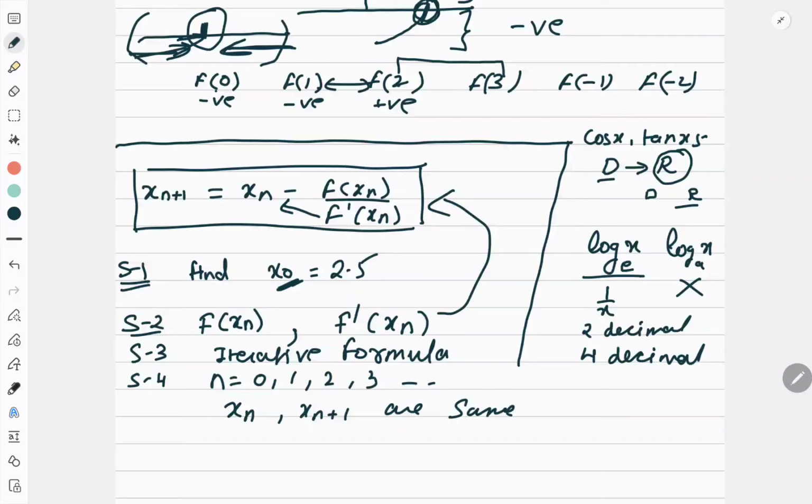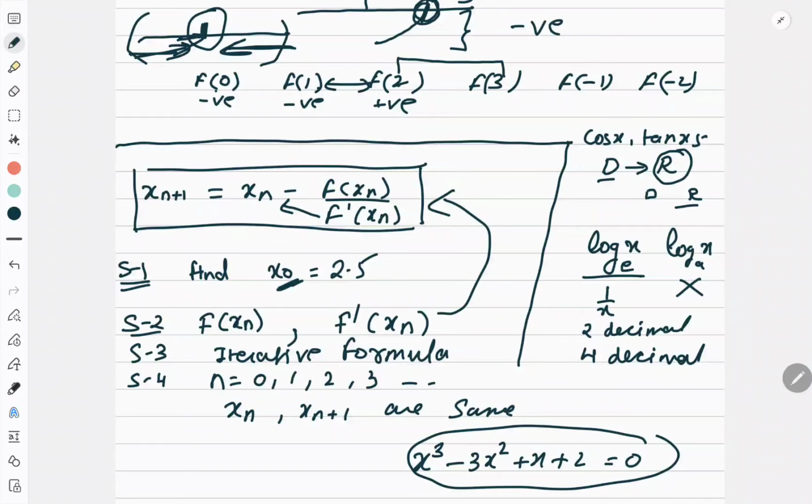Now, smart ways. What are the smart ways? Suppose I give you the question x cube minus 3x square plus x plus 2 equal to 0. All of you have a calculator and know how to solve this equation on it. Find the answer before starting the question. Suppose your calculator shows the answer is 2.2145.